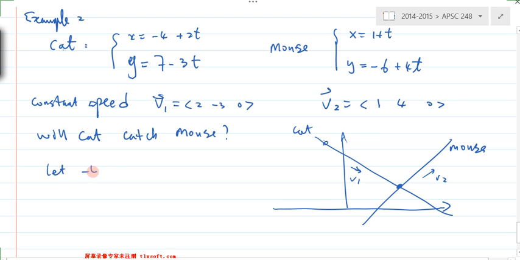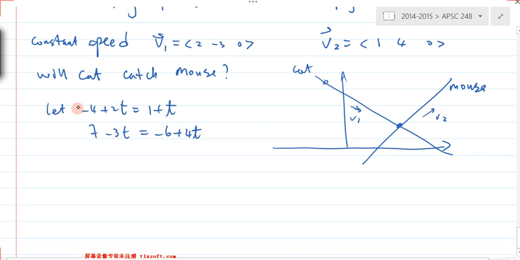So we let -4 plus 2t equal to 1 plus t. We're going to let 7 minus 3t equal to -6 plus 4t. Okay? So the first one will give us t equal to 5.